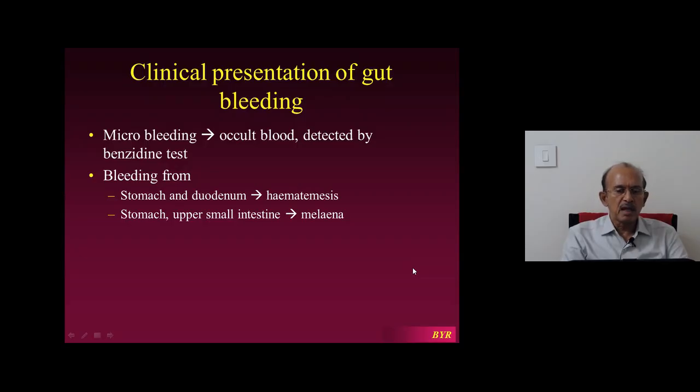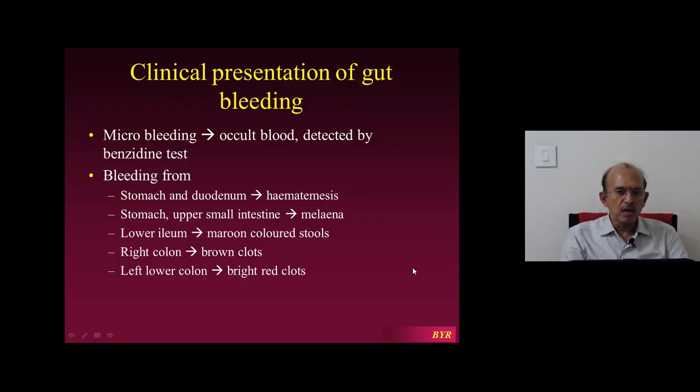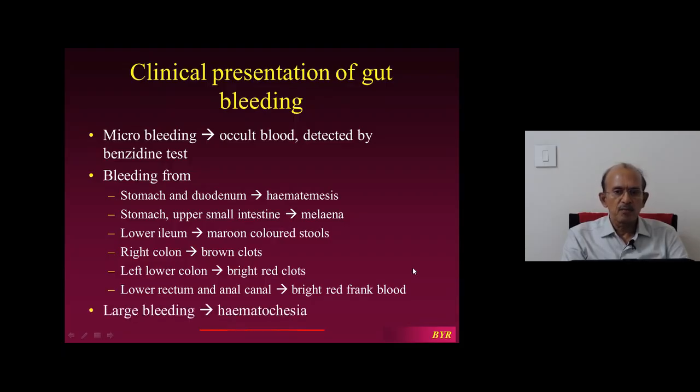Bleeding from stomach or upper small intestine manifests as melena. Bleeding from lower ileum manifests as maroon-colored stools. Bleeding from right colon manifests as brown clots. From left lower colon, bright red clots. From lower rectum and anal canal, bright red frank blood or fluid blood. Large bleeding, there is no alteration, then it's called hematochezia.